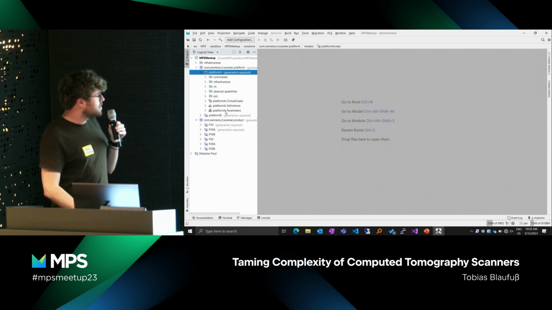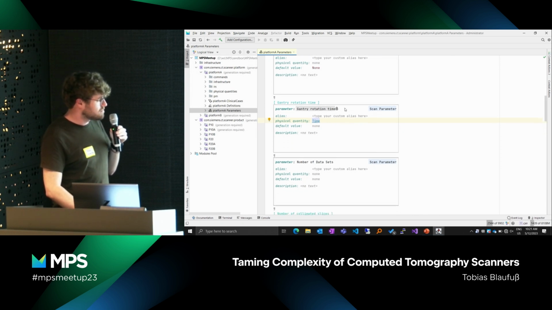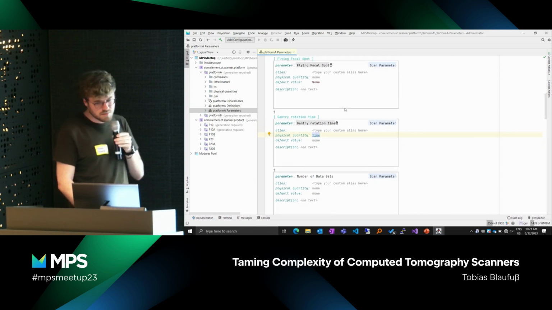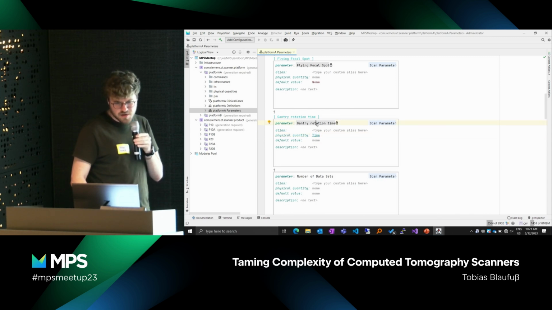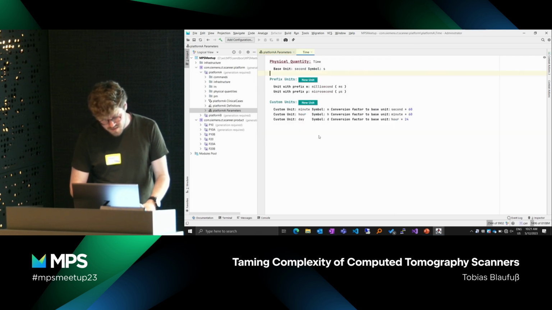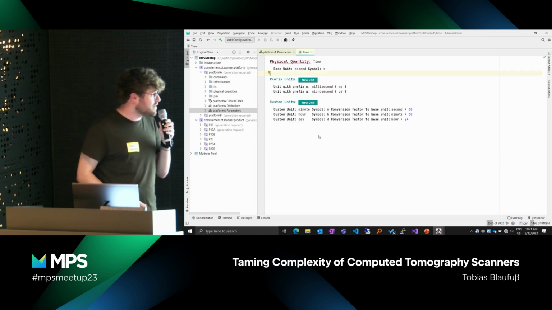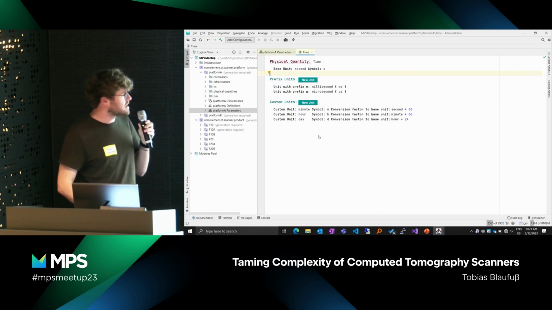If we, for example, start here, a system contains certain parameters, and the base component of a parameter is a name, it has a type, where it is used, also a physical quantity. You can define any unit that you want here in this case.